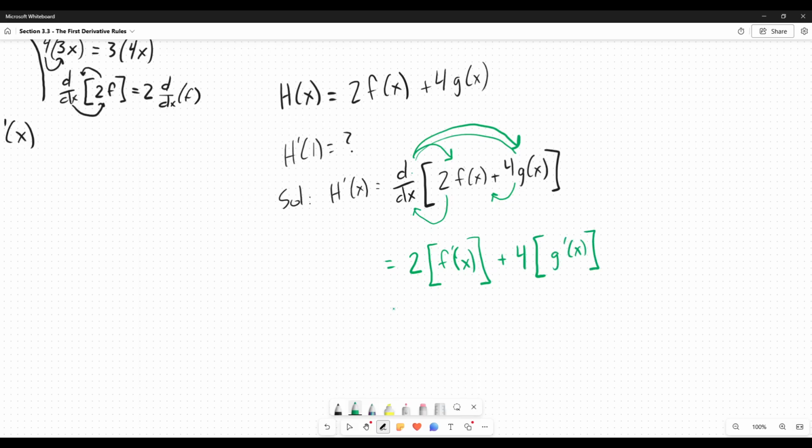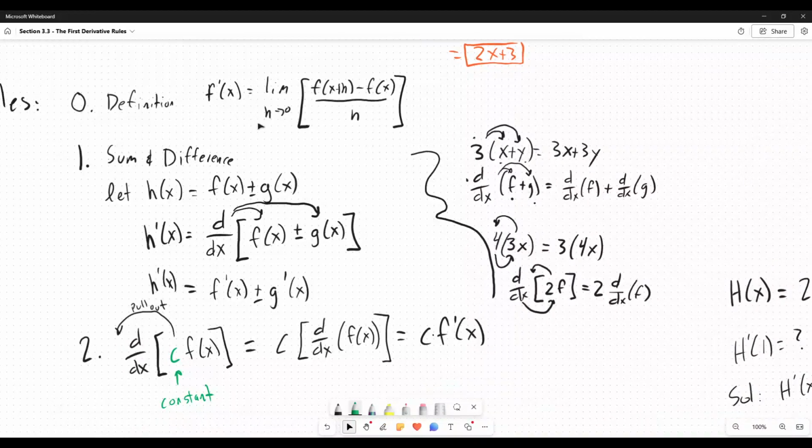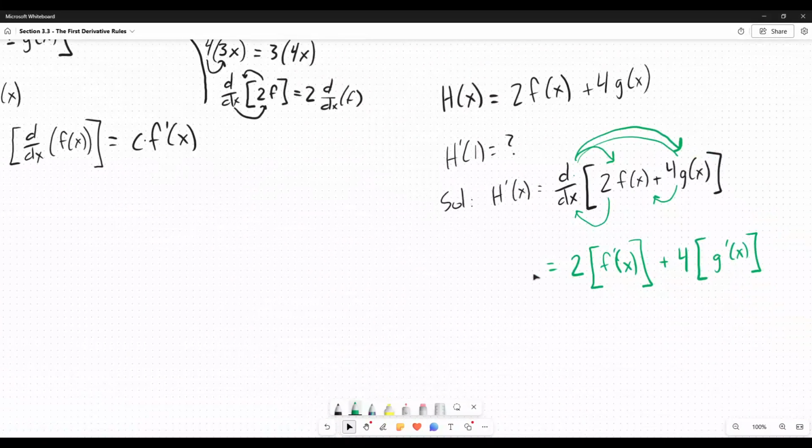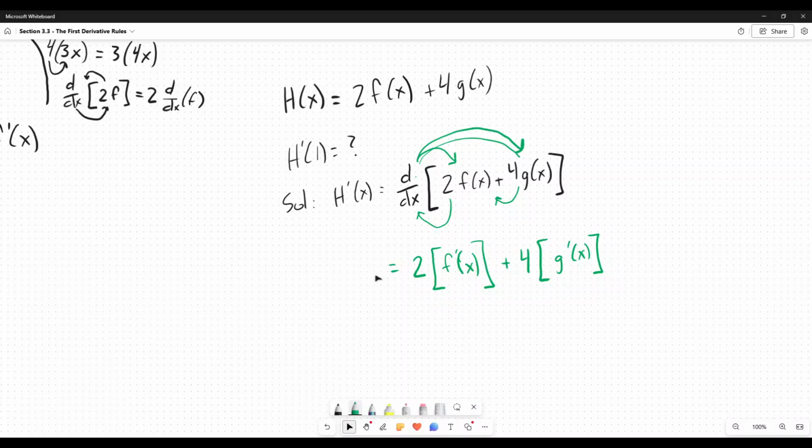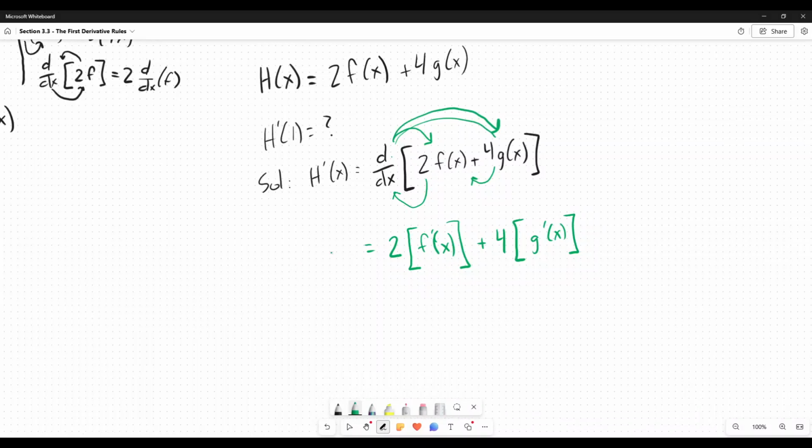Okay? Now, that's what h prime is going to be. It's going to be 2 times f prime plus 4 times g prime, based on these two rules. And so I'm giving you these rules. You can take these as granted. You don't have to prove to me that 2 plus 2 is 4. I take it for granted. In the same way, you can take these facts for granted. So the question is, what is h prime of 1?